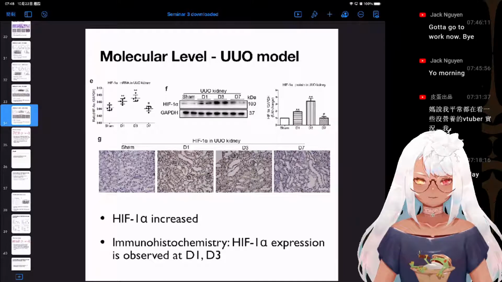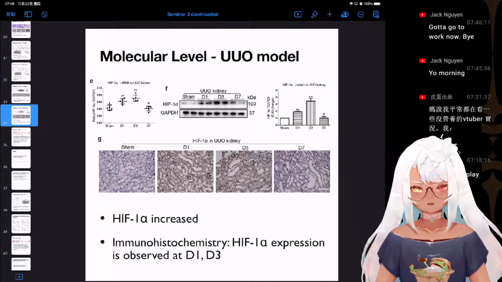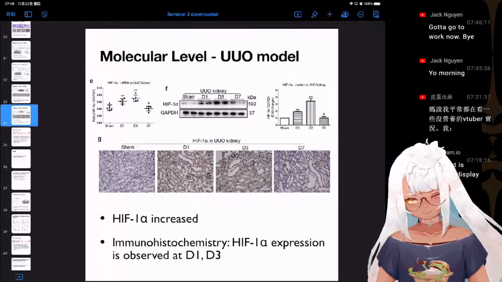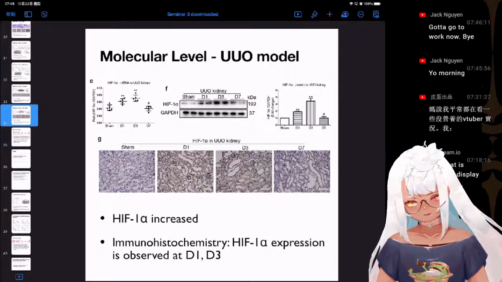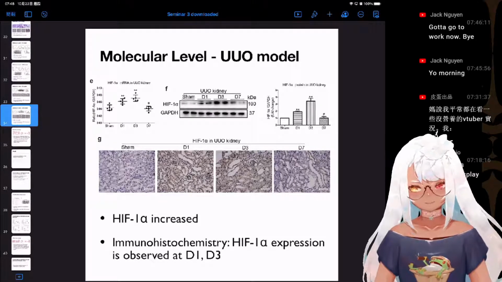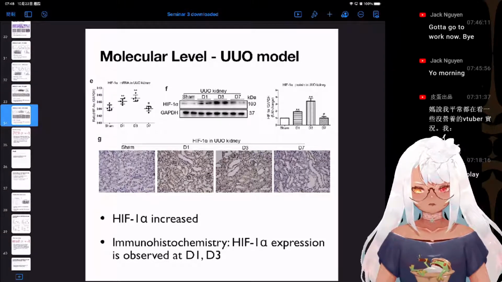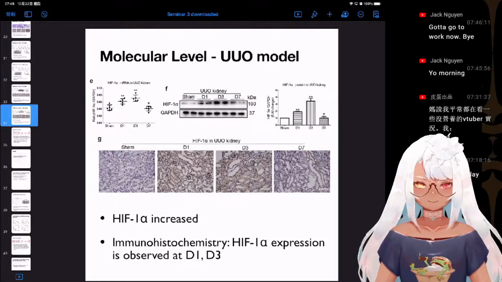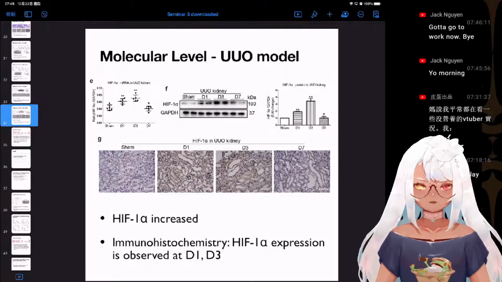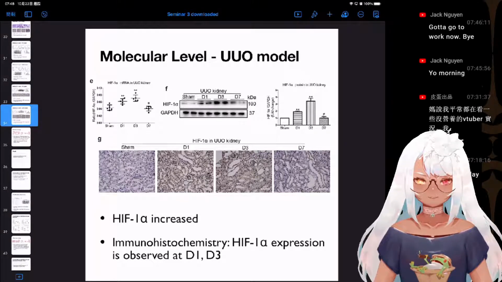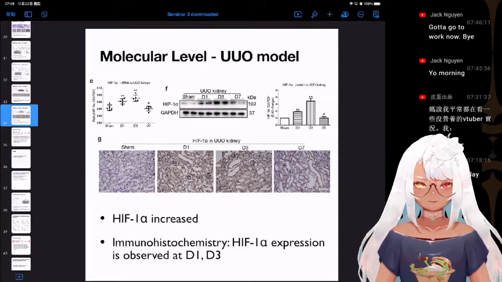Using the UUO model, we also see a very similar pattern: HIF1 alpha messenger RNA increases at day 1 and day 3. The protein also increases at day 1 and day 3, and immunohistochemically it is present at day 1 and day 3, preceding a decrease at day 7.